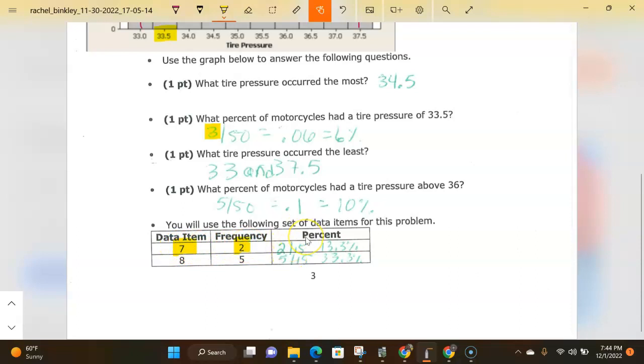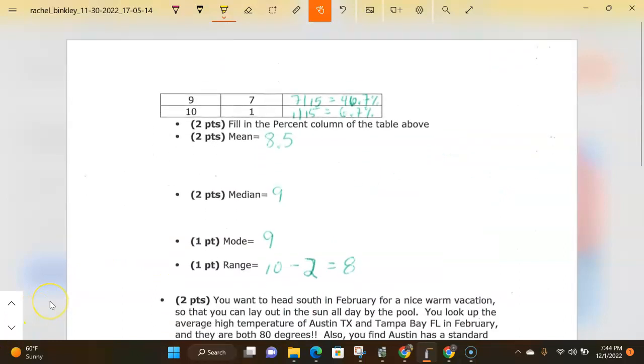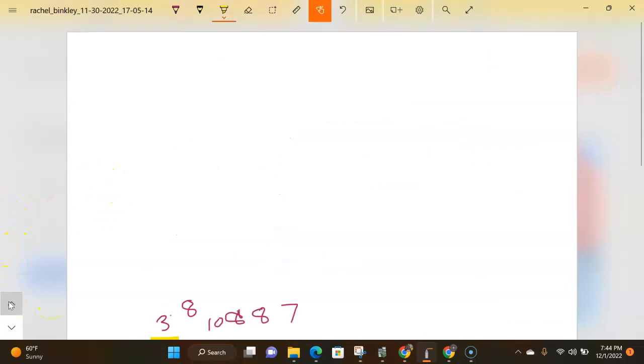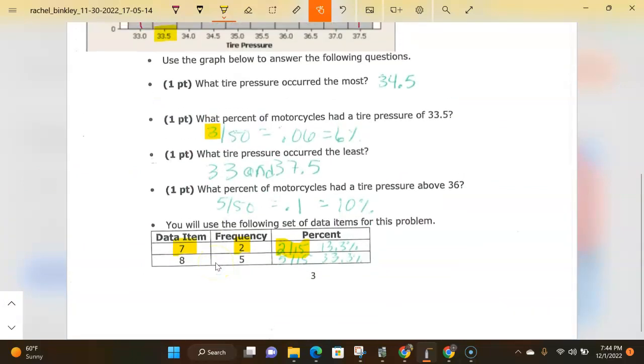So the relative frequency of the percent is 2 out of 15. The way I got 15 is I had to add up all of the frequencies. So there's 2 7s, there's 5 8s, there's 7 9s, and there's 1 10. So 1 plus 7 plus 5 plus 2 is 15. That's where that 15 came from.